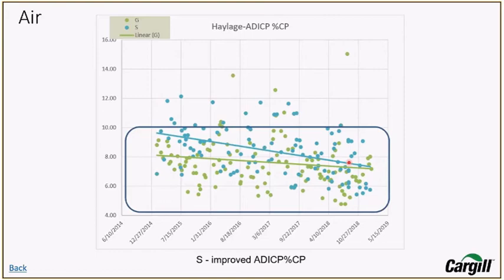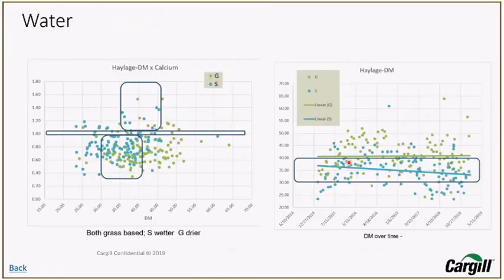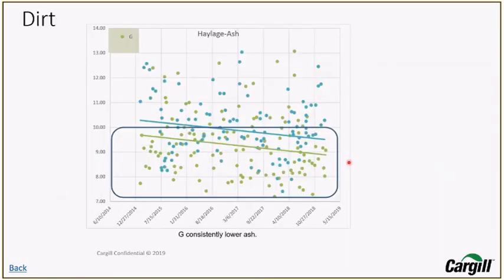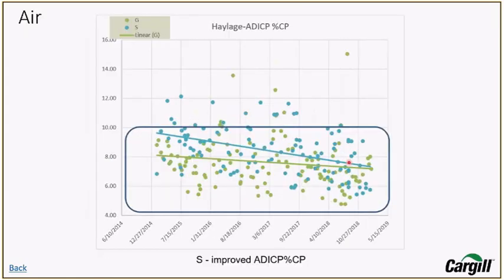So you get a picture of where we've been, or what we have. We have G drier, G cleaner in terms of contamination, and G more air exclusion, at least until recently, than S. Again, same resources, but different management emphasis on this haylage program.